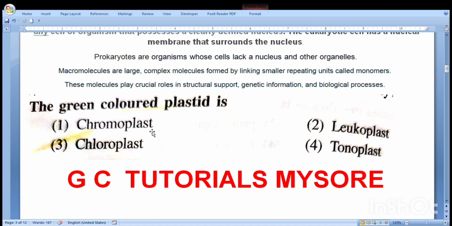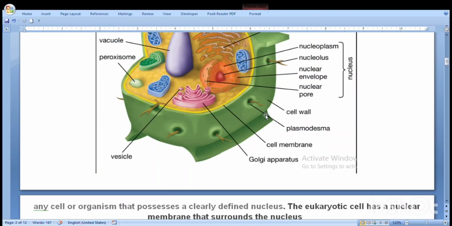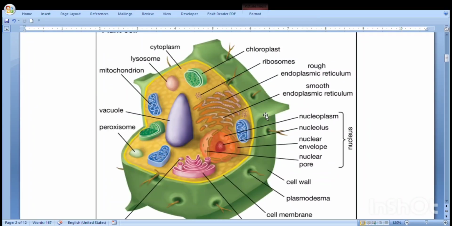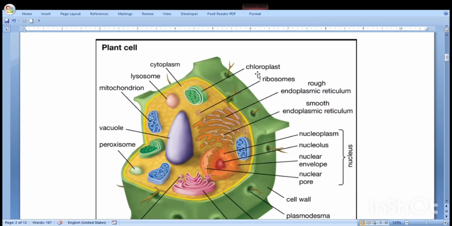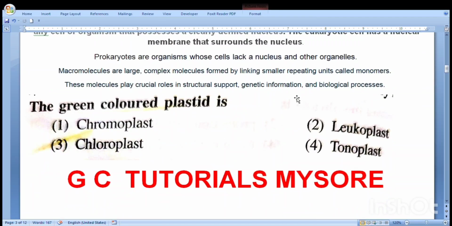The answer is chloroplast, because in the last class I told you that the chloroplast contains the green color pigment called chlorophyll.